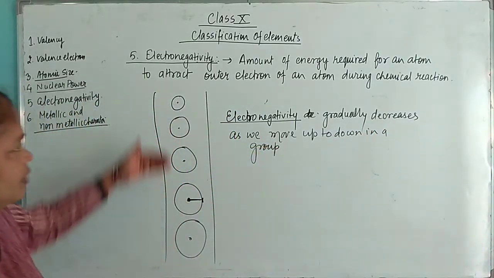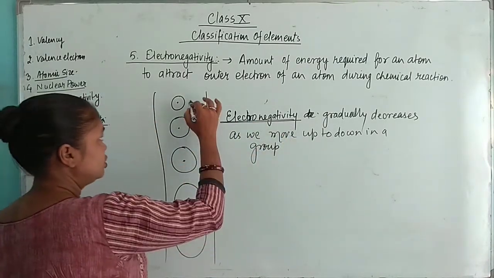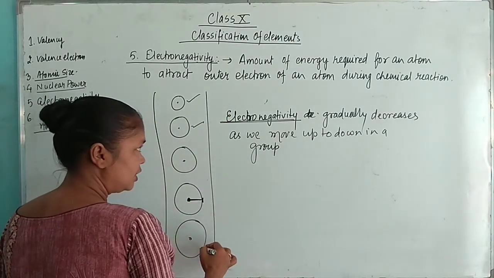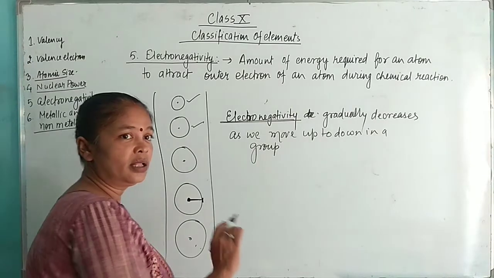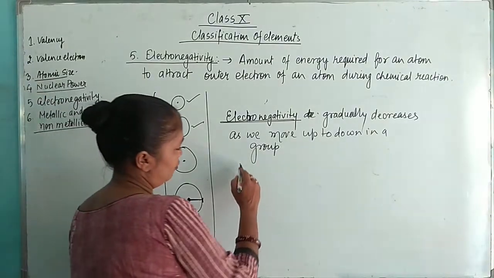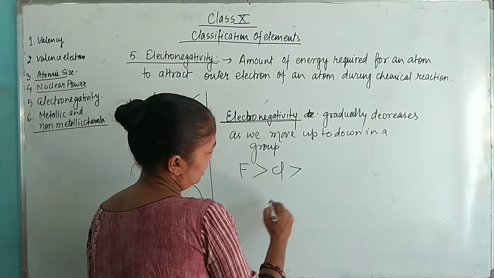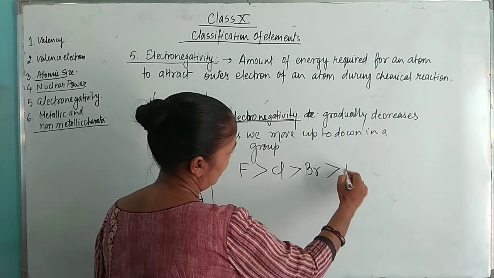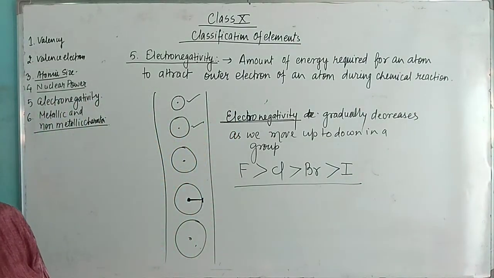As we are moving up to down, electronegativity is decreasing. Means this is more electronegative than this, and as we are moving down, the electronegativity is decreasing. Fluorine is more electronegative than chlorine, then the bromine, and then the iodine. So like this, the electronegativity is decreasing as we move up to down in a group.